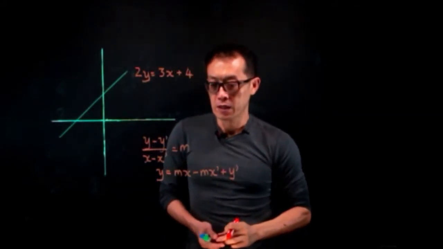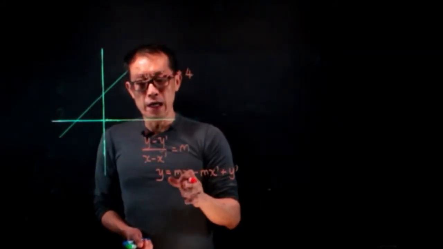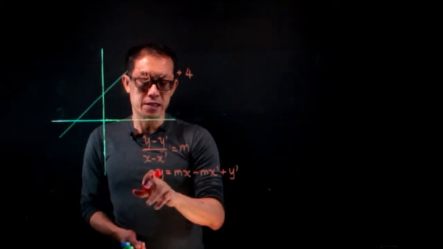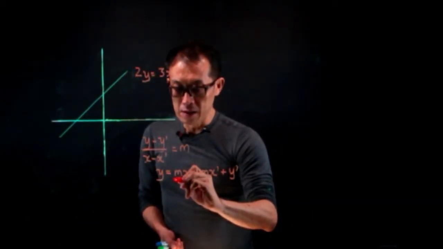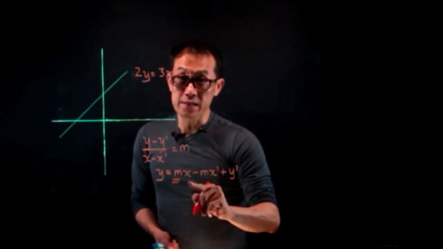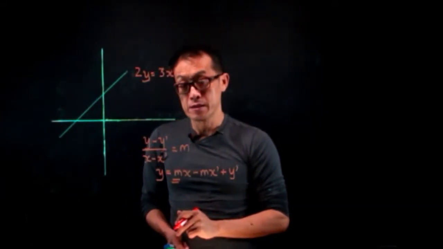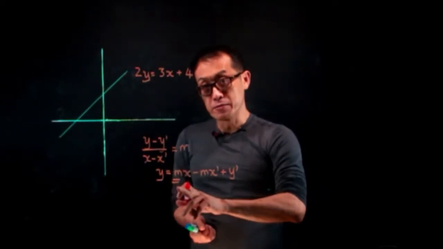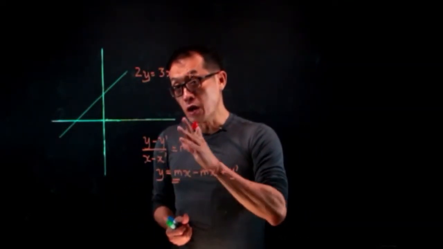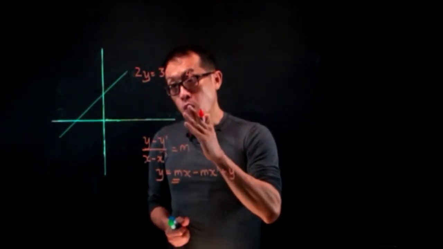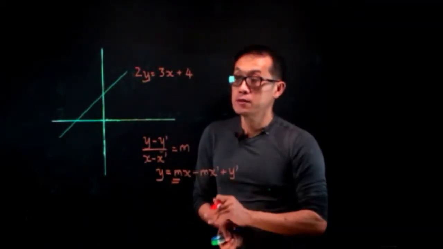Okay. Now what you realize is if y is the subject of the formula, then the coefficient of x will be the gradient. Now make sure y is the subject of the formula, not 2y or 3y or half y. The coefficient of y has to be 1. Alright, take note of that.